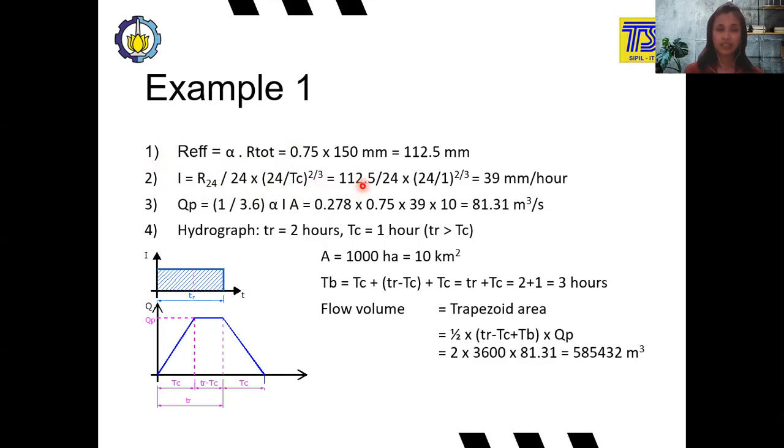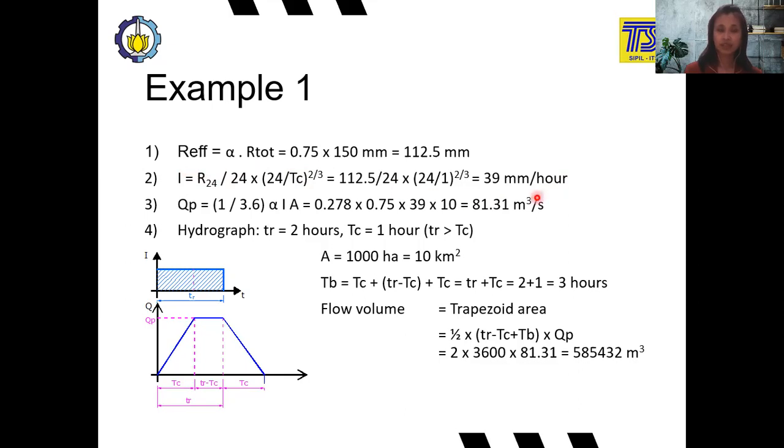And here we have R24 as the effective rainfall. And then we have the time of concentration of 1 hour here. And then we got 39 millimeter per hour as the rainfall intensity.